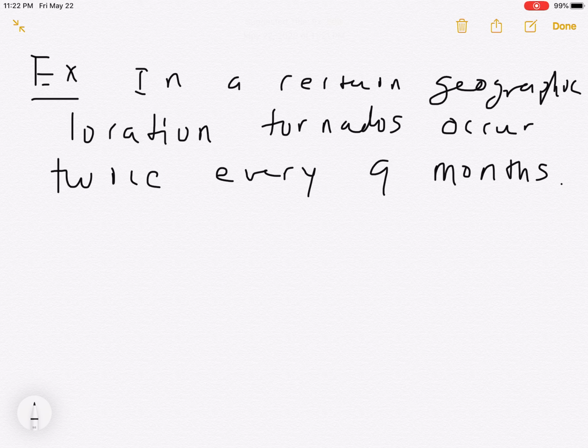I'm going to ask us to calculate this first probability. There's going to be a second one later on.